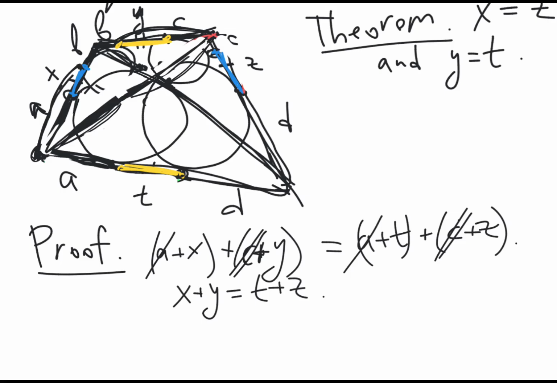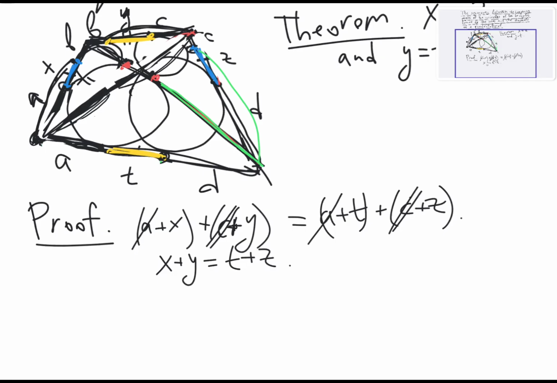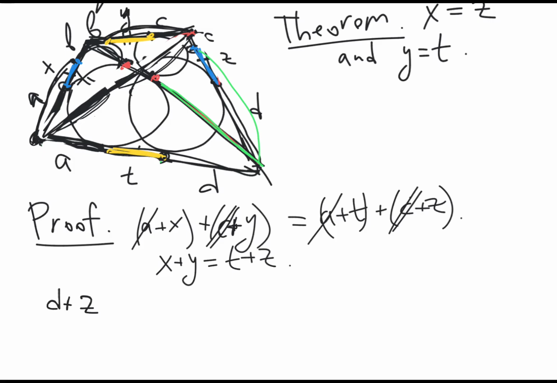We have two tangency points, one here and one here. When it's divided, this segment is equal to this segment, so it's d plus z, and the other segment is equal to this segment, so it's b plus y. So this is the entire diagonal, and it is equal to the diagonal divided another way.